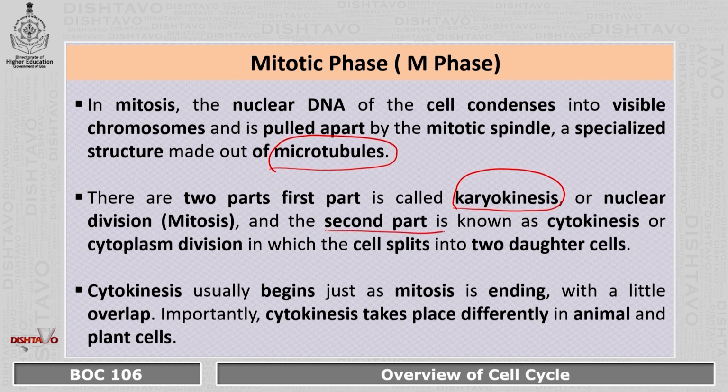And the second part is known as cytokinesis, which means the cytoplasm division, in which the cell splits into two daughter cells. Cytokinesis usually begins just as the mitosis is ending, with a little overlap. Importantly, cytokinesis takes place differently in animal and plant cells.